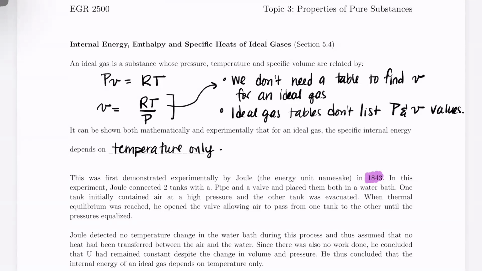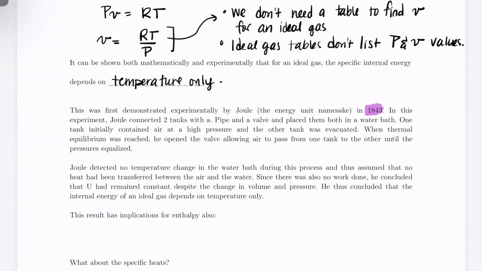In this experiment that Joule did, he took 2 tanks and connected them with a pipe and a valve. So essentially he has a tank, another tank, connected with a pipe and a valve, like so. And he placed them both in water baths.